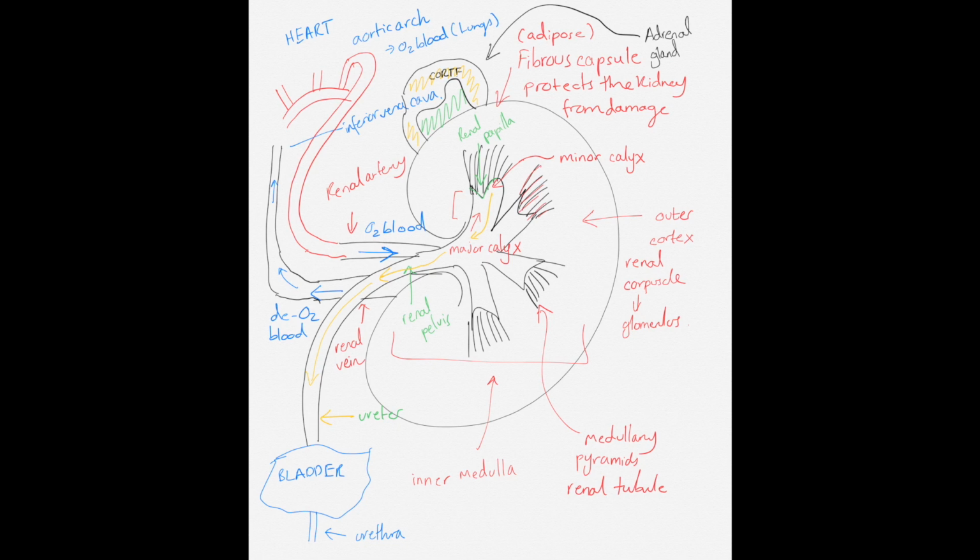The cortex is divided into the zona glomerulosa, the zona fasciculata, and the zona reticularis, which secrete hormones like mineralocorticoids, glucocorticoids, androgens, things like that, to control other functions in the body. And the adrenal medulla, if you didn't know already, secretes adrenaline. Adrenaline is very, very important for the fight or flight response of the sympathetic nervous system, part of the autonomic nervous system.